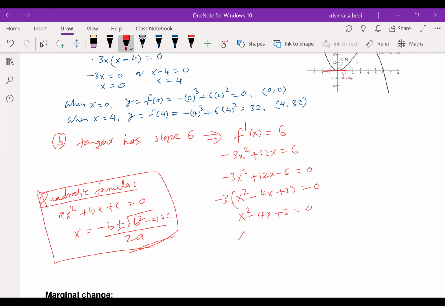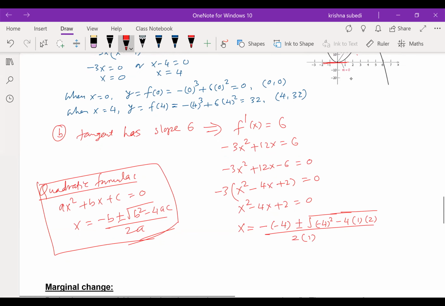So that gives me x equals negative b plus minus square root b squared, so negative 4 squared minus 4ac over 2 times a.